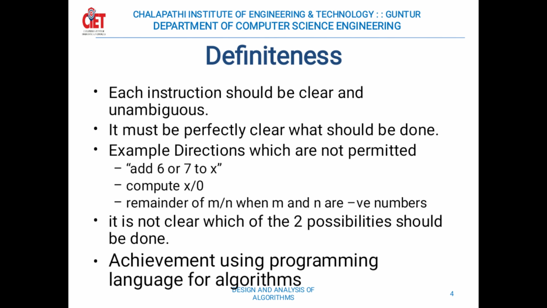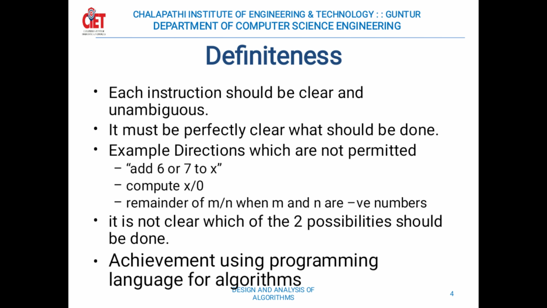definiteness describes that there is no ambiguity in the expressions or instructions of the algorithm. Each instruction should be clear and unambiguous. That means each instruction is perfectly specified without any ambiguity. For example, if you see an instruction, add 6 or 7 to the variable x, there is an ambiguity.